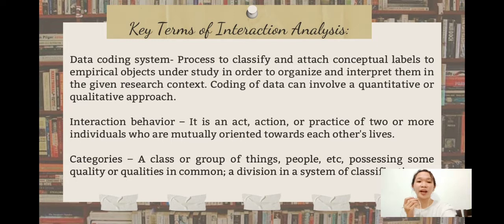It is an action or practice of two or more individuals who are mutually oriented toward each other's lives. Number three, categories. It is a class or group of things or people possessing some quality or qualities in common. It is also a division in a system of classification.